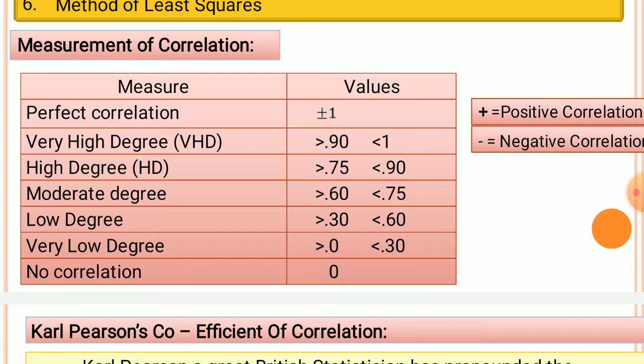If the value of correlation is less than 1 and more than 0.90, it is called a very high degree of correlation. If the value is less than 0.90 and more than 0.75, then the correlation is called a high degree of correlation.